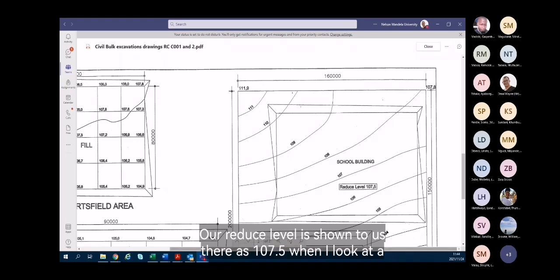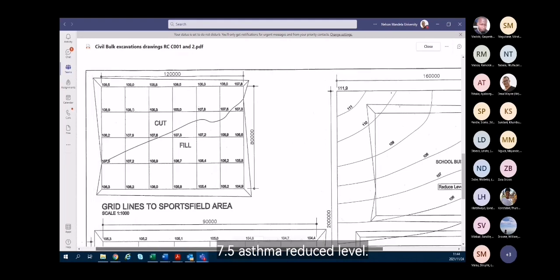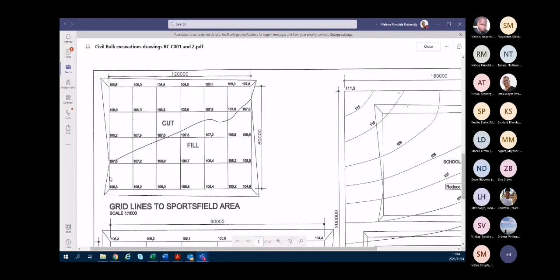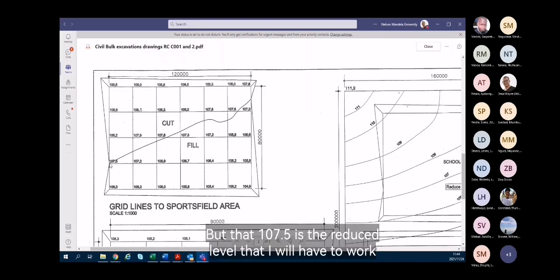When I look at 107.5 as my reduced level, I notice that I cannot paint that line on this drawing here. I'll try to do that. But that 107.5 is the reduced level that I will have to work towards.